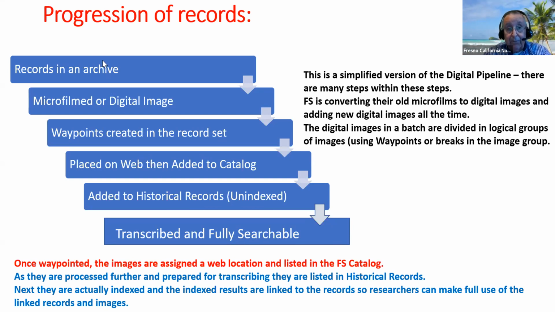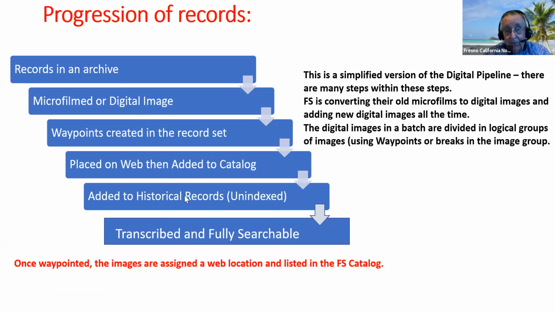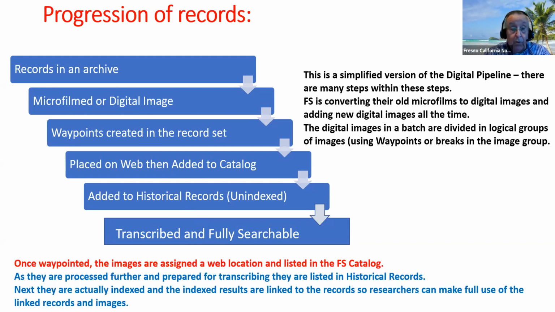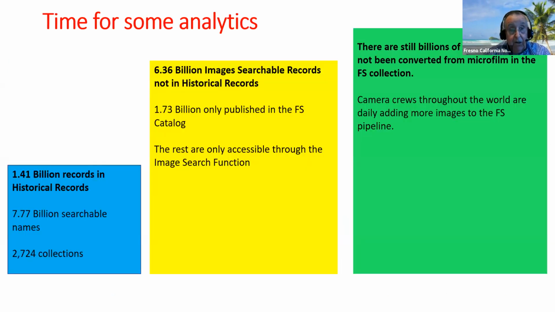So this is the process that a record goes through to get to the point where we can actually use it. And these transcribed records then become our hints, and they also become the things that we normally will create sources from.